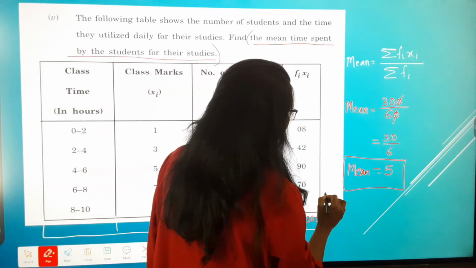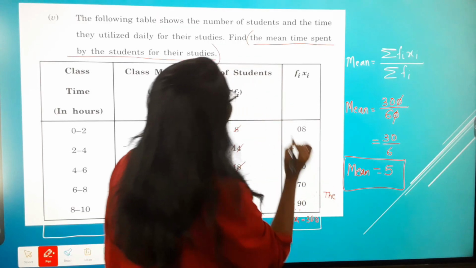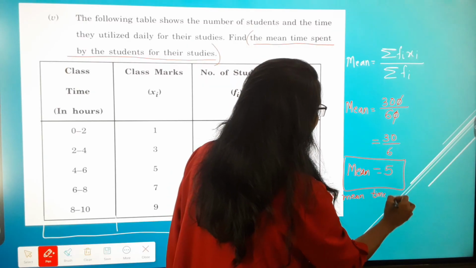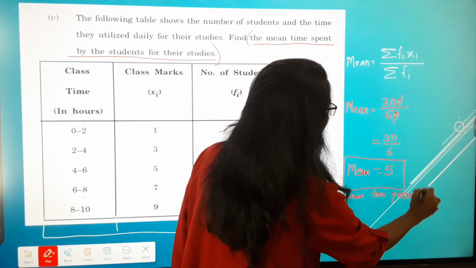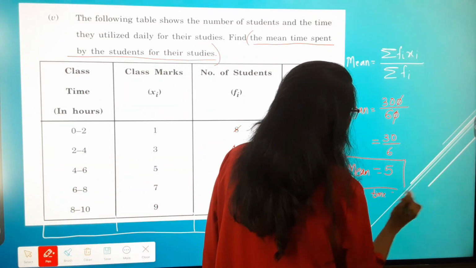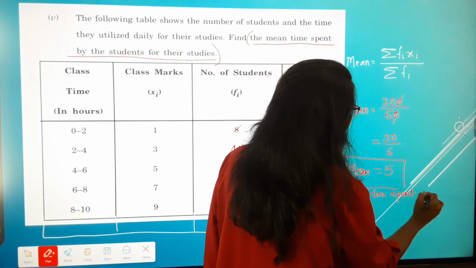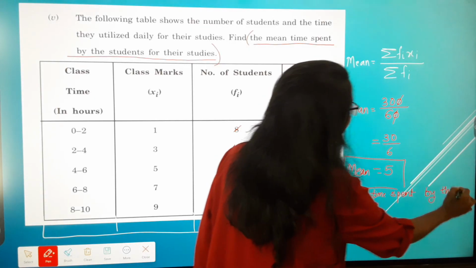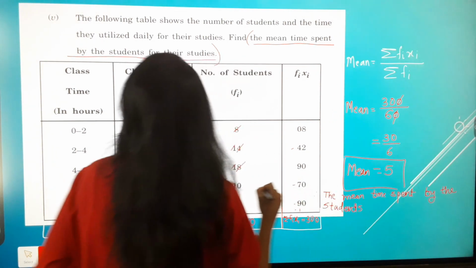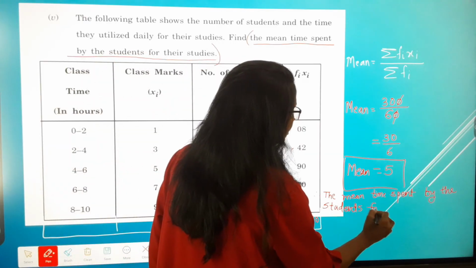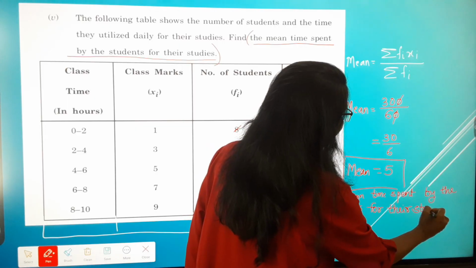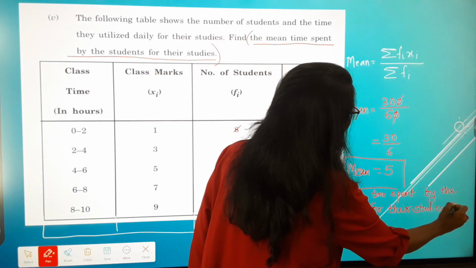studies. We write here, therefore the mean time spent by the students for their studies is equal to 5.